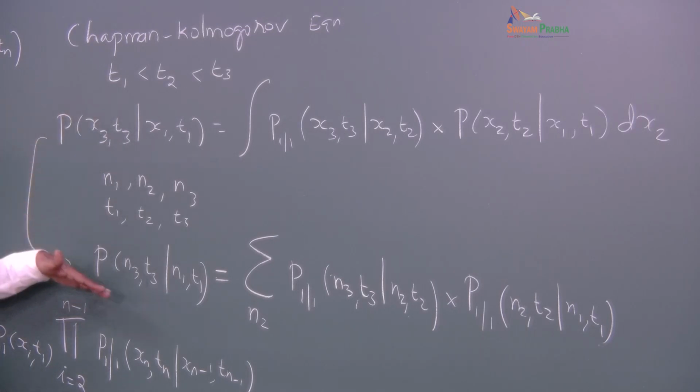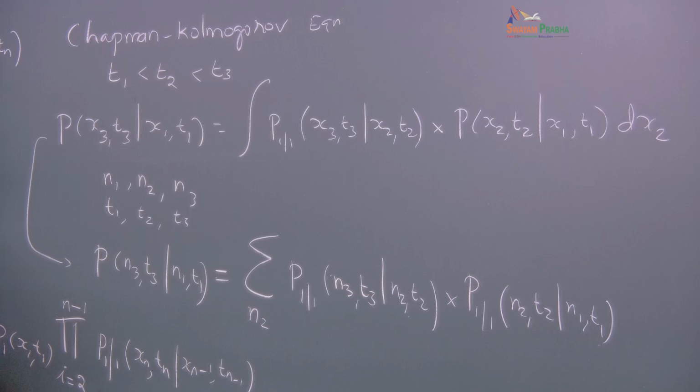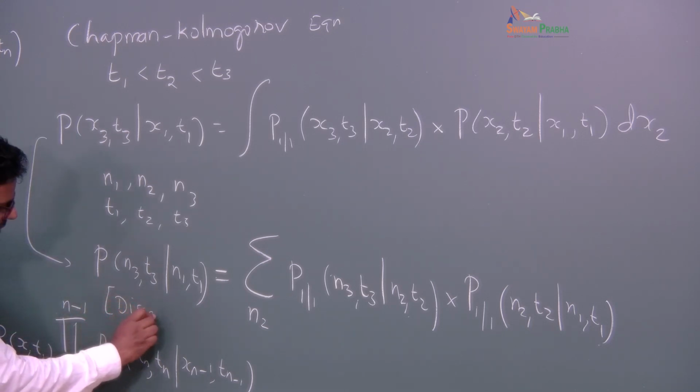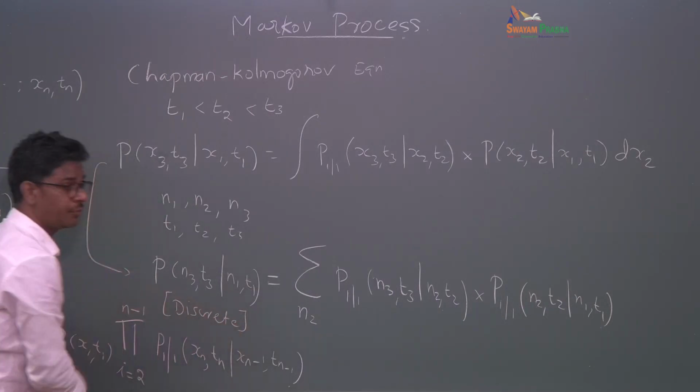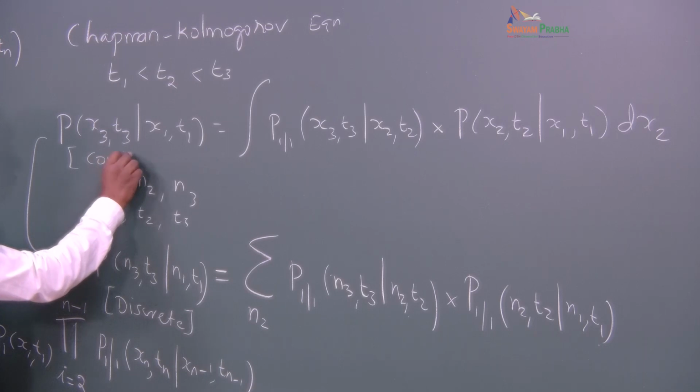This equation and the earlier one are basically the same. This is the continuous case, this is the discrete case. This is for a discrete Markov process and this is for a continuous Markov process.